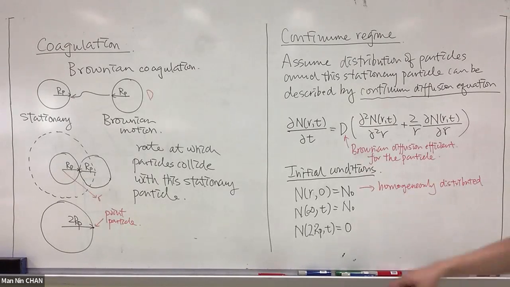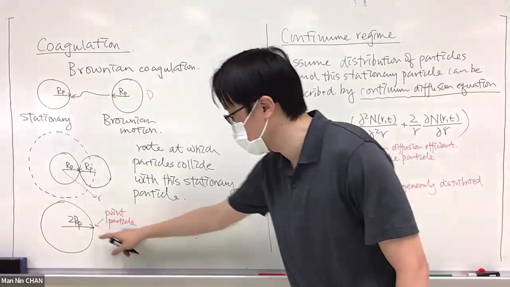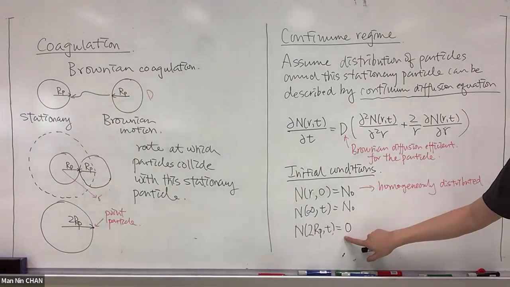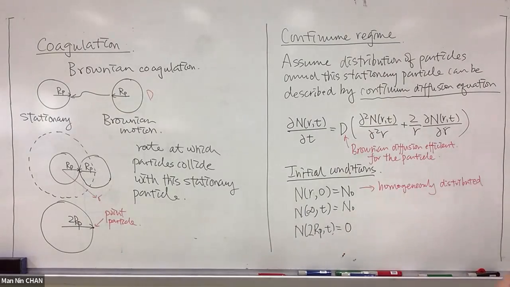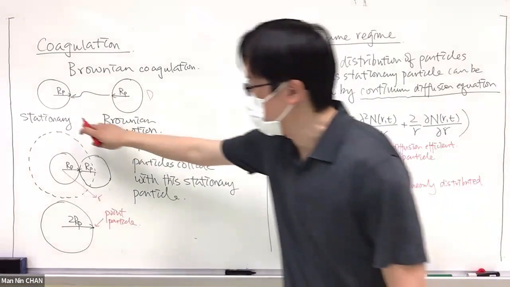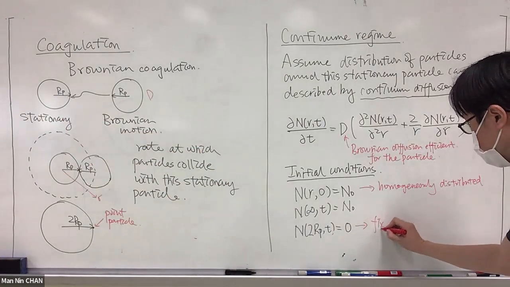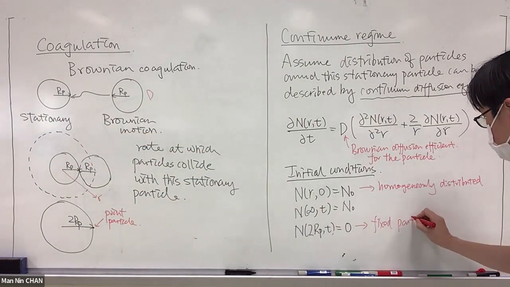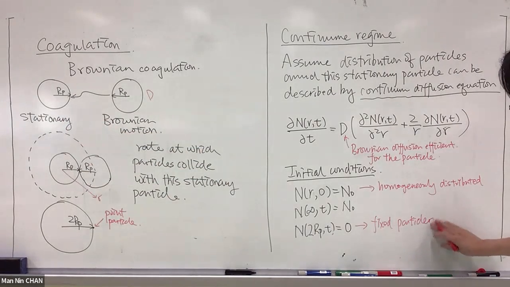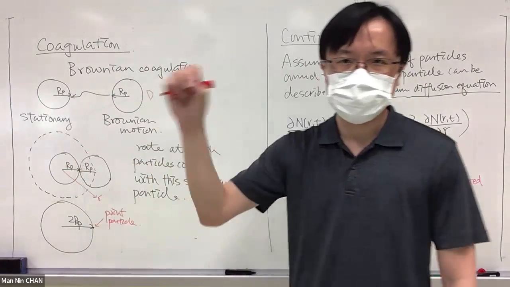So at any time when a collision happens, the concentration is set equal to 0 here. Basically, we can argue this is the stationary, or fixed, particle. It's a perfect absorber, so every time a collision happens, they just stick together.